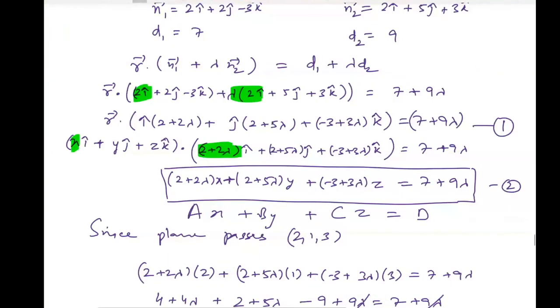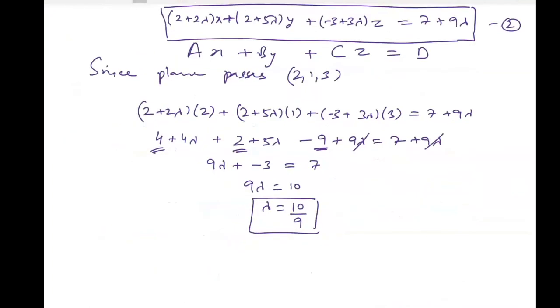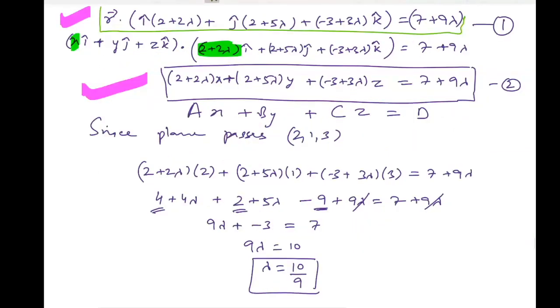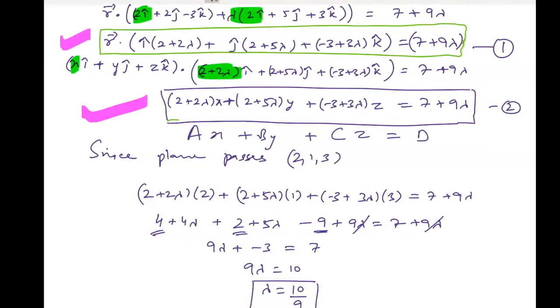So what we can do here is put this lambda in equation 1 or 2. From one we can get the vector equation, and from the other we can get the Cartesian equation. Is it clear? If I put it here, we will get the vector equation of the plane, and if I put it here, we will get the Cartesian equation.